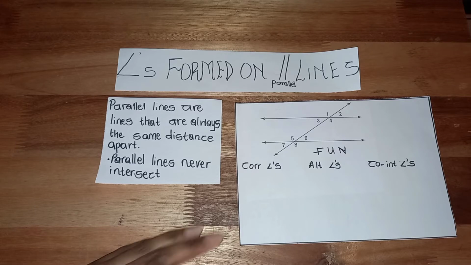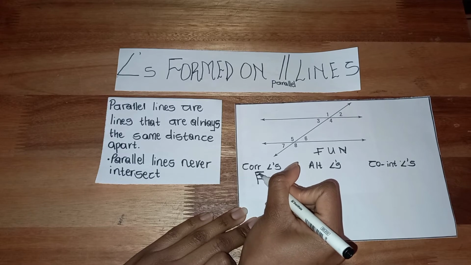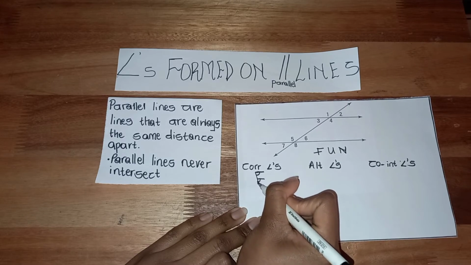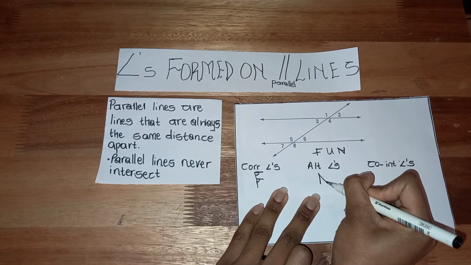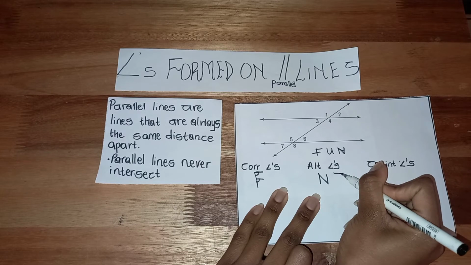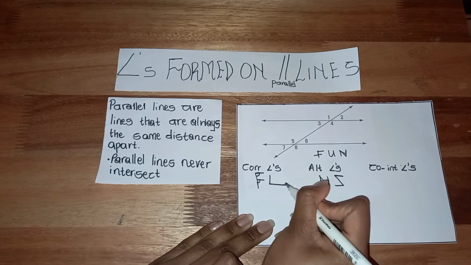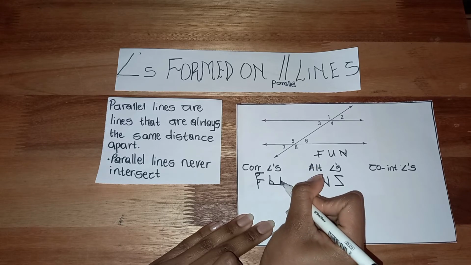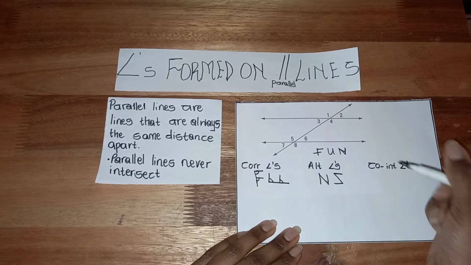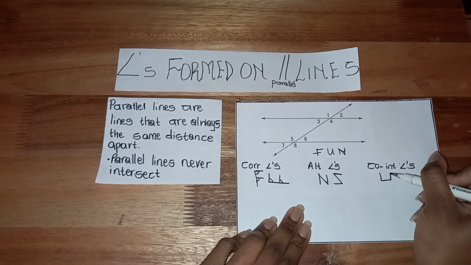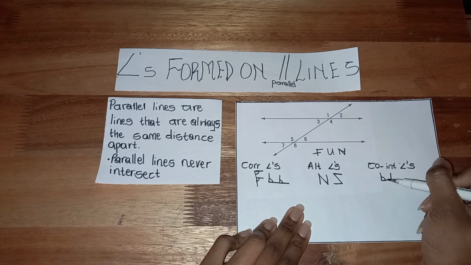So corresponding angles form the letter F. The angles, you'll see them here, they form the letter F. Alternate angles form the letter N or Z. It doesn't matter the direction. Even this F can sit like this, as long as you can see that this is an F and you can see your angles. And then co-interior angles form a U, not this U but you see them here.